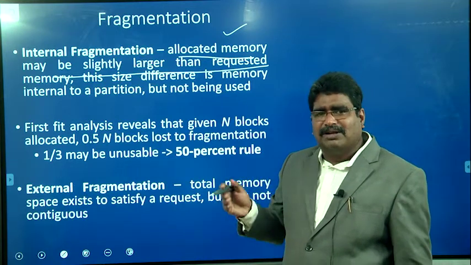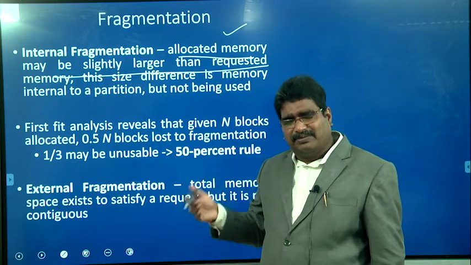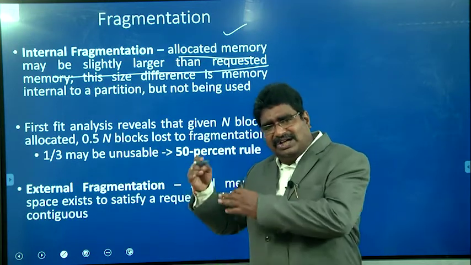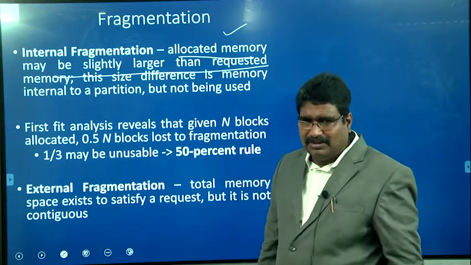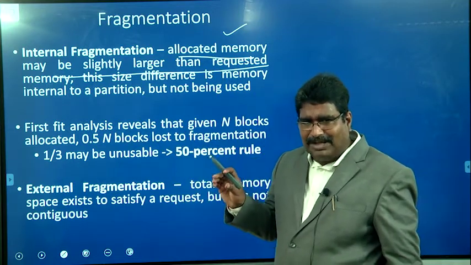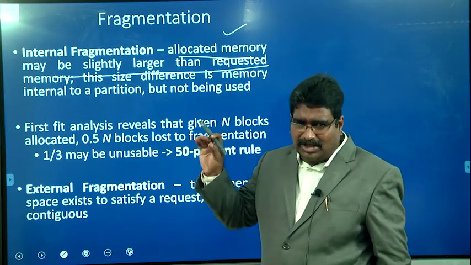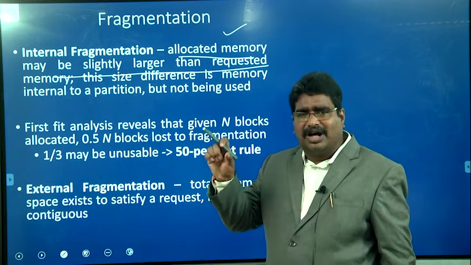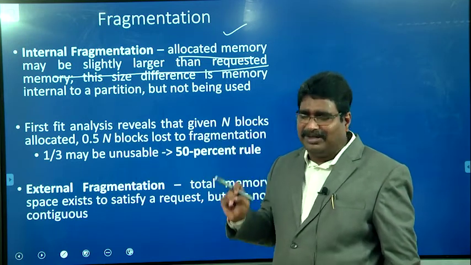But the 0.1 MB is not useful to any other process. Instead of performing the partition, we directly allocate the 10.1 MB to the particular process. So we are allocating memory that is more than the required one. Somehow the memory is allocated to the process but not utilized. That is considered internal fragmentation.